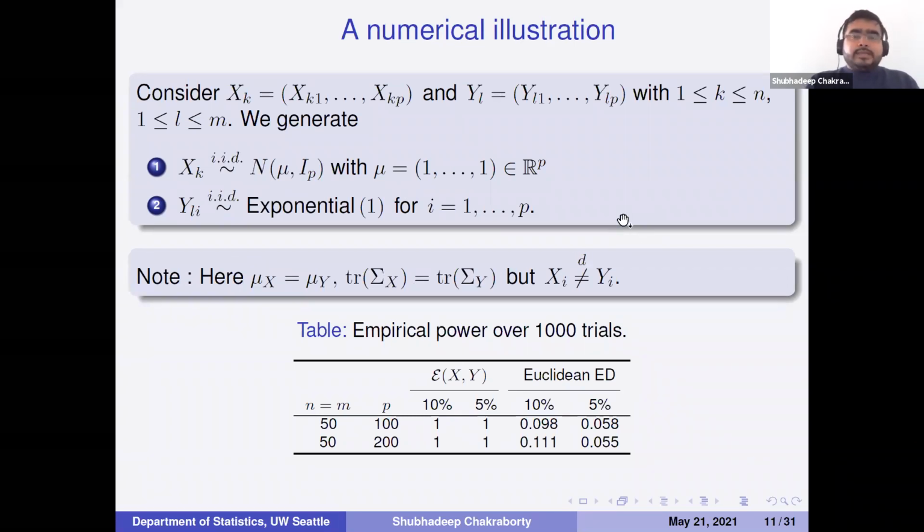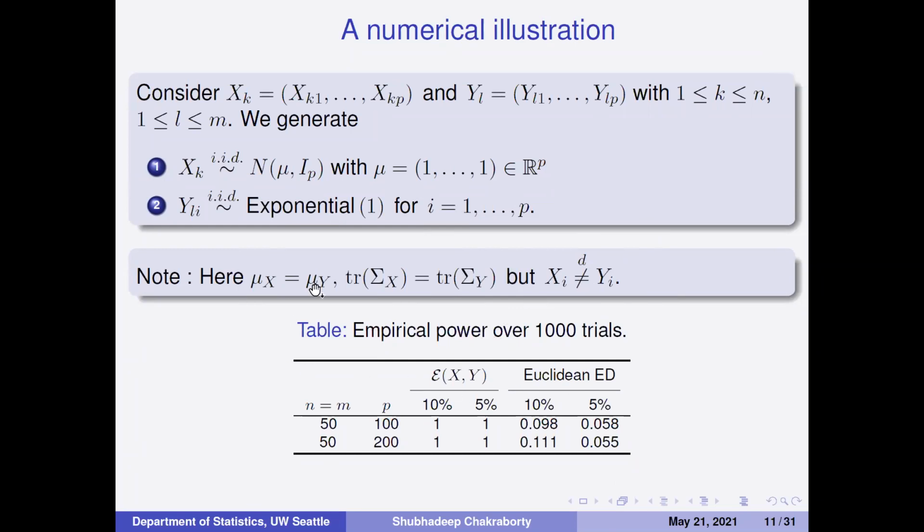So we should expect that in this case, our generalized energy distance based test for high dimensional homogeneity of distributions should perform way better than the Euclidean energy distance based tests, which cannot capture anything beyond this in high dimensions. And that's precisely what we see over here.